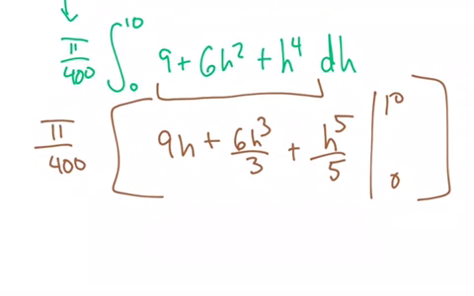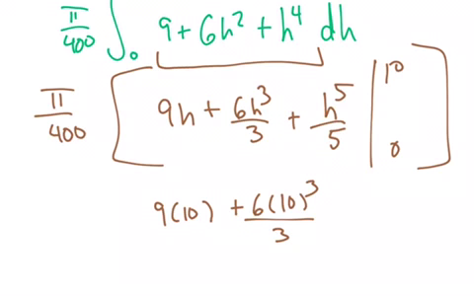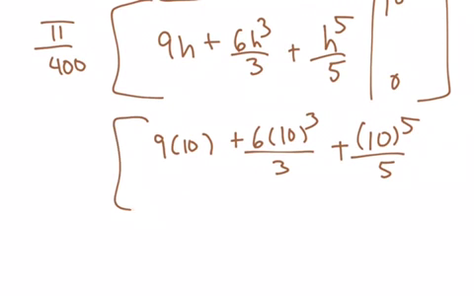Let's plug in some values here. We have 9 times 10 plus 6 times 10 cubed over 3, which is 2 times 10 cubed, plus 10 to the 5th over 5. This is clearly looking atrocious. This is times pi over 400.